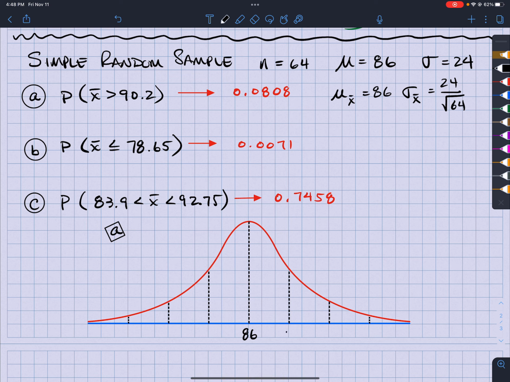So that means this is 89, this is 92, this is 95, this is 83, because I'm adding or subtracting 3, so 80 and 77.